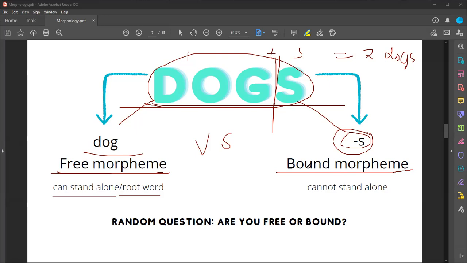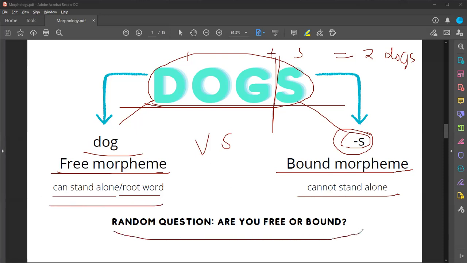So basically, this is a morpheme when we talk about morphology, but in phonology, this is another topic. So let's not go back to phonology. Let's focus on morphology. So in here, the bound morpheme is the S. The free morpheme can stand alone, and the bound morpheme cannot. So my random question is, are you free or bound? Can you stand alone or can't you stand alone? Okay, that's just a segue.